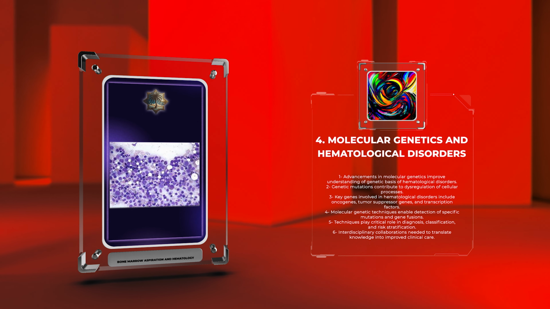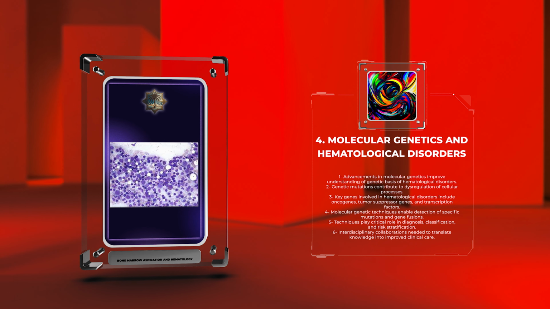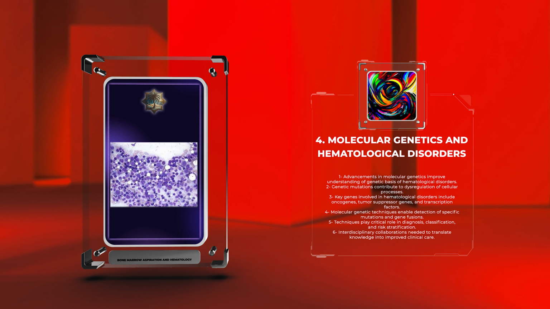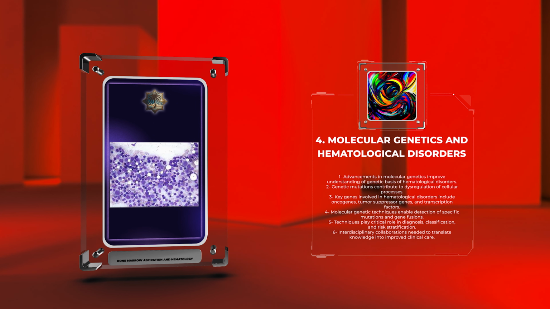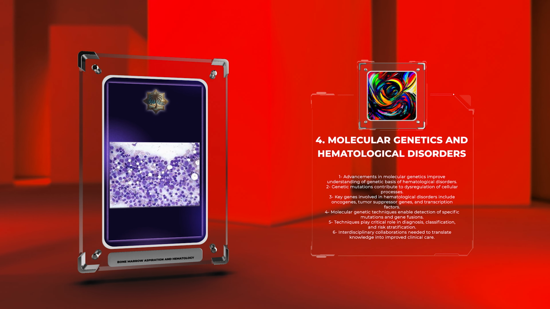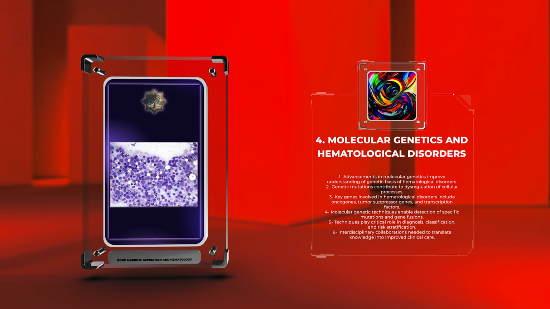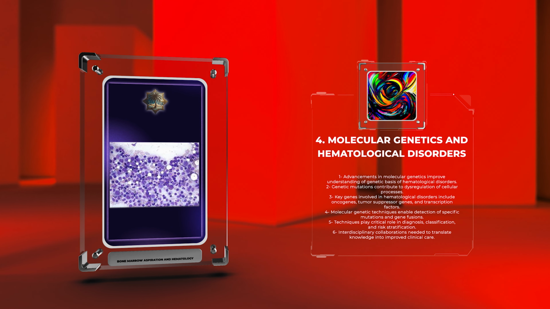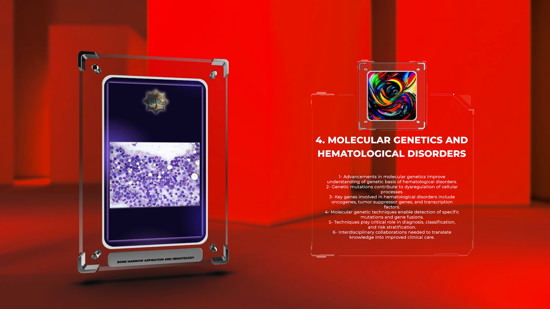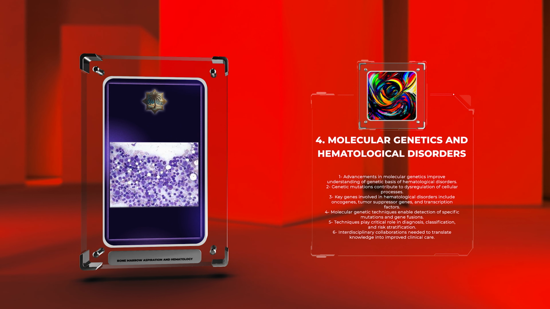By unraveling the intricate web of genetic aberrations underlying these conditions, researchers have identified novel therapeutic targets and developed targeted therapies. In hematological disorders, such as leukemia, lymphoma, and myeloproliferative neoplasms, genetic mutations contribute to the dysregulation of cellular processes, including proliferation, differentiation, and apoptosis.